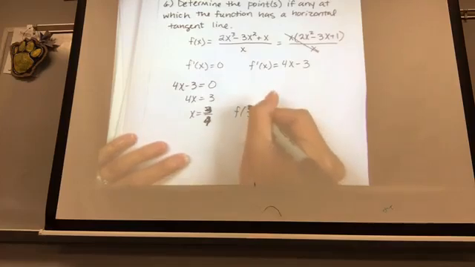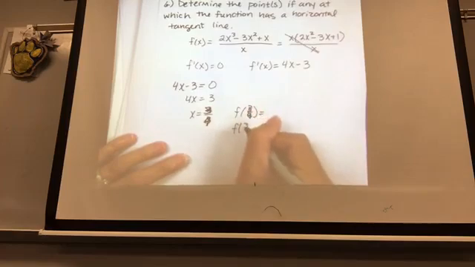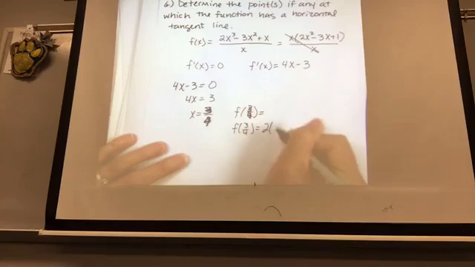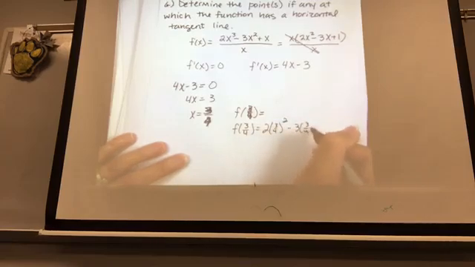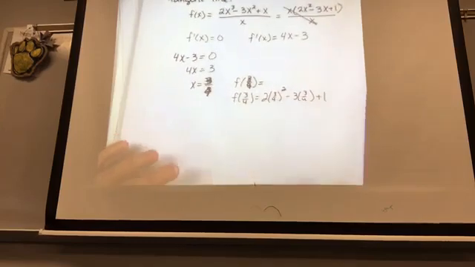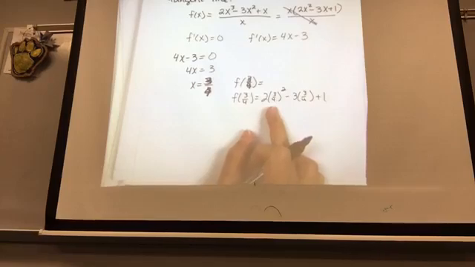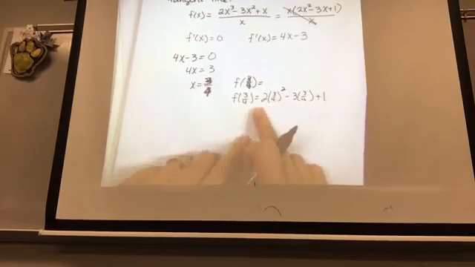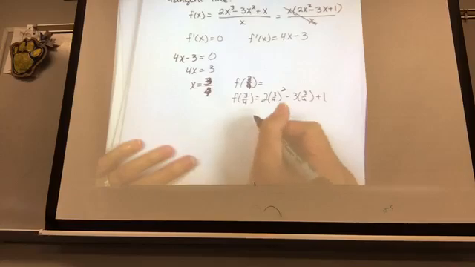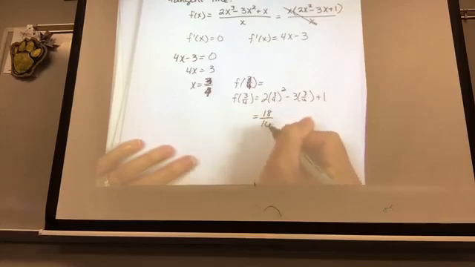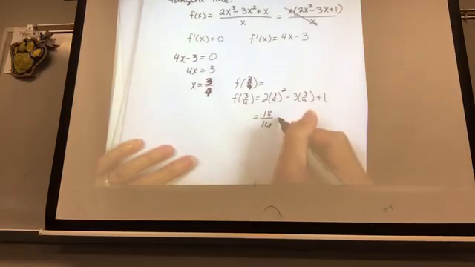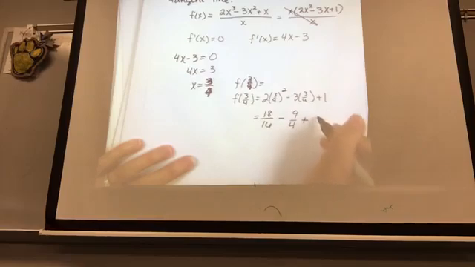So what is f of 3/4? So 2 times 3/4 squared minus 3 times 3/4 plus 1. So 3/4 squared is 9/16, times 2 would be 18/16. 3 times 3/4 is going to give us minus 9/4, plus 1.